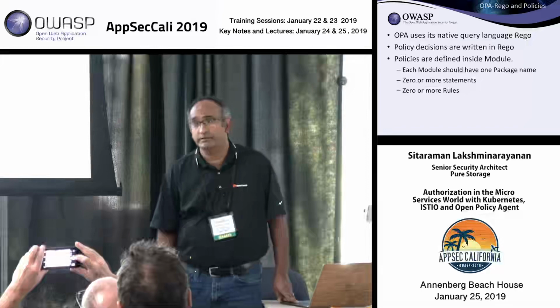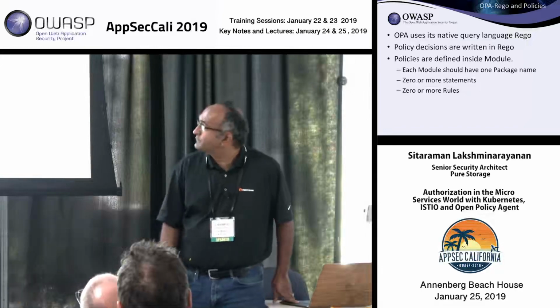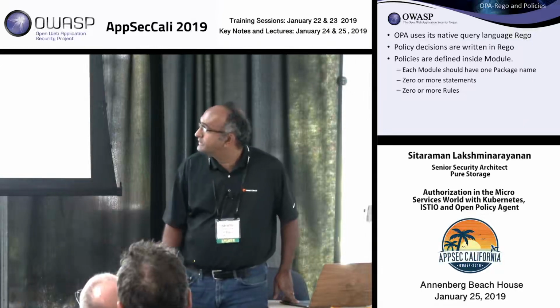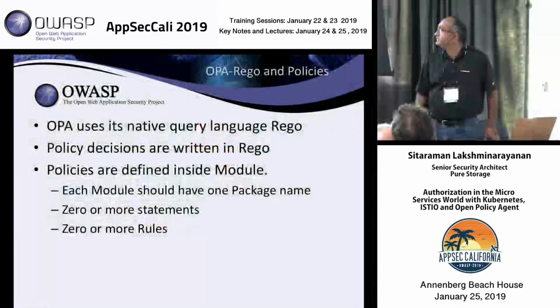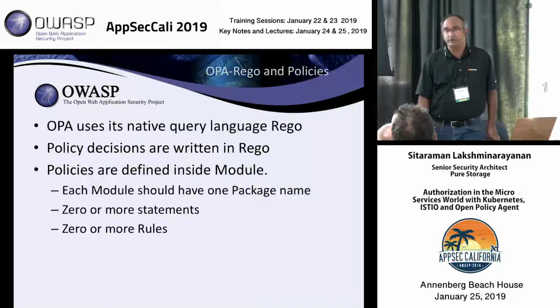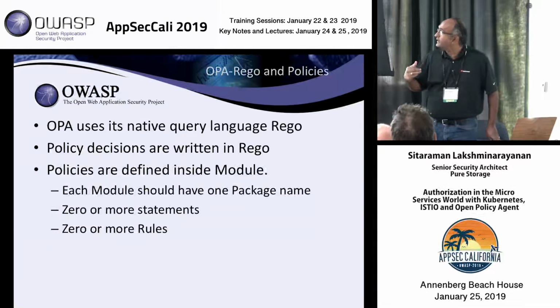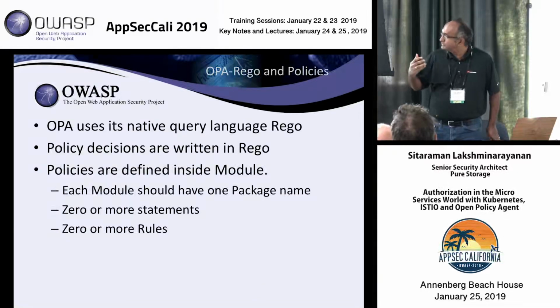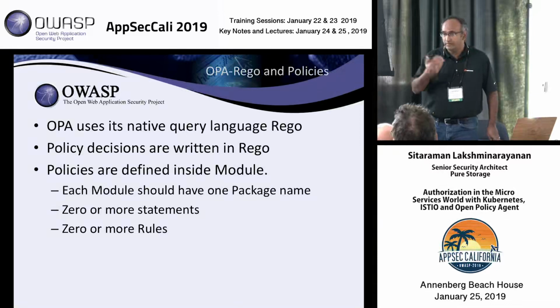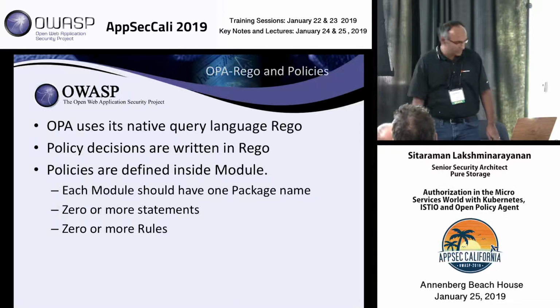Rego came from Datalog. We'll go a little bit more into the details. Policies are basically defined as a bunch of rules, and each rule evaluates all the conditions as an AND condition and returns true or false. Each statement is basically an equality operation that you're checking.